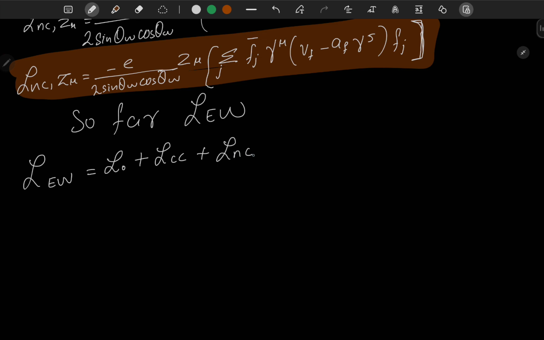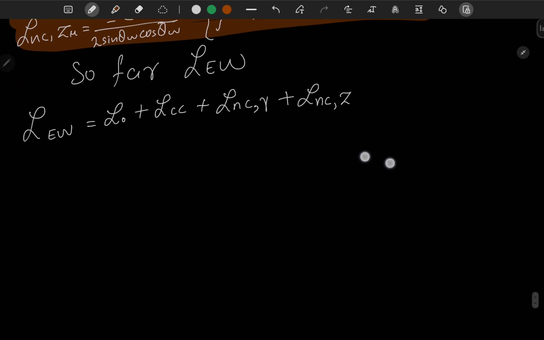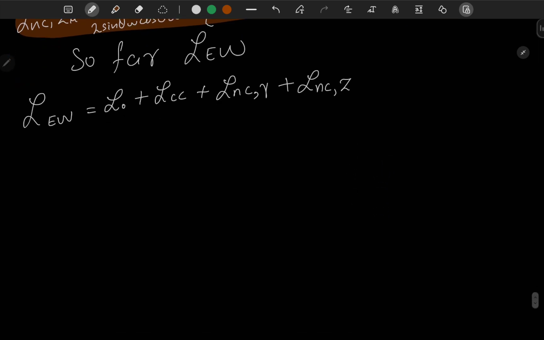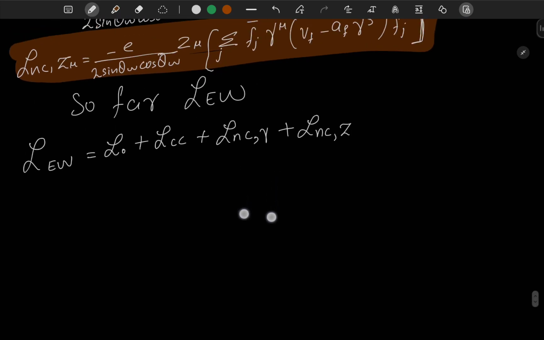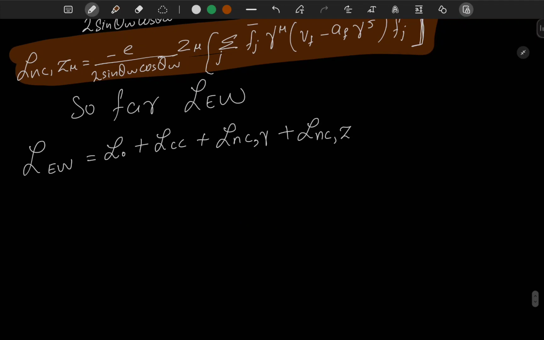Then we got the neutral current term mediated by the gamma photon, and just now the neutral current mediated by the Z boson. Okay. So this is the Lagrangian that we have got so far.